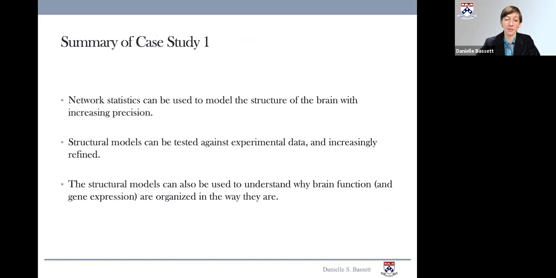So we noticed that the small world model, when we tried to test it against experimental data, fell short in predicting that the long distance connections should be placed at random, when in fact, they're not placed at random. There's a lot of shared variance as indicated by the high cosine similarity. Then we talked about structural models, particularly the weighted stochastic block model, as one that allows us to understand why brain function and gene expression are organized in the way that they are.